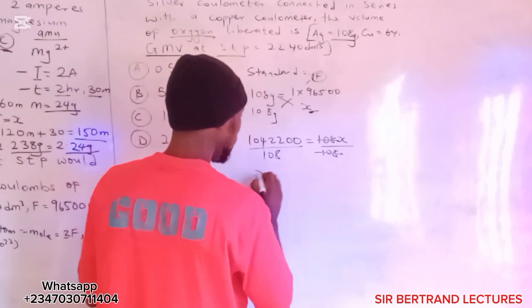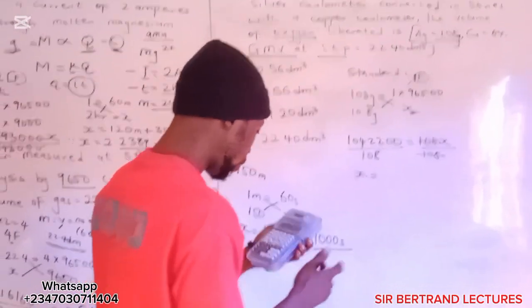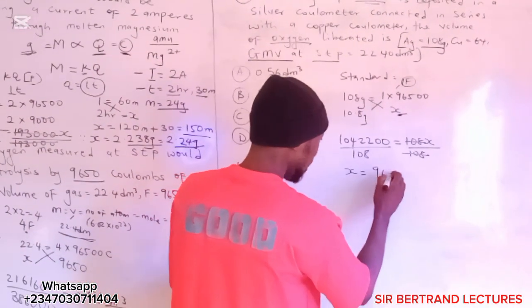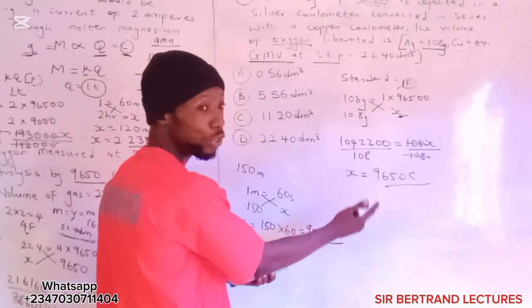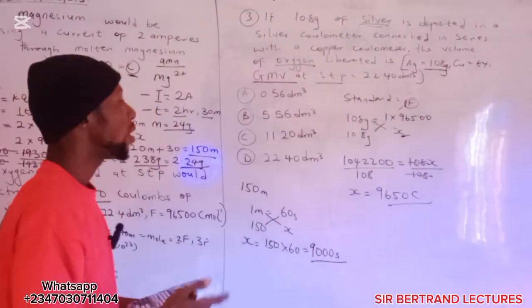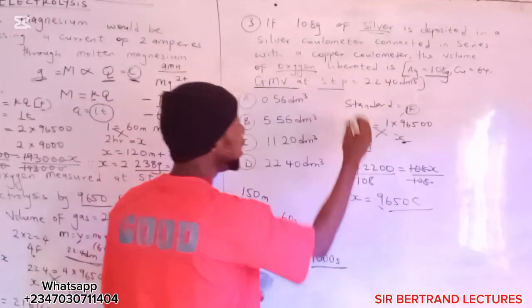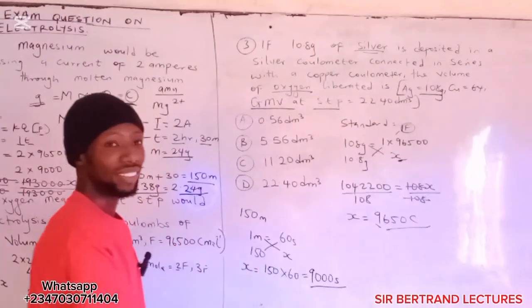This cancels this, so s will give us 9650 coulombs. So this is the actual quantity of charge that will liberate 10.8 grams of silver. Now, we can use this to calculate the volume of oxygen that will be liberated.